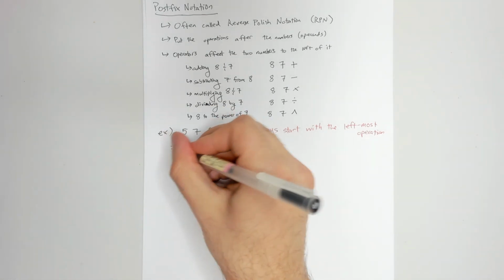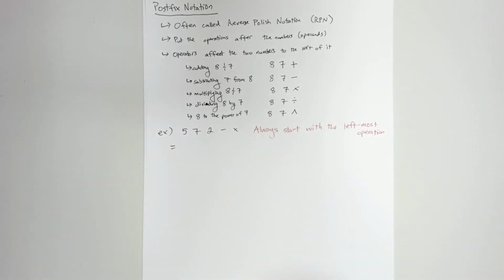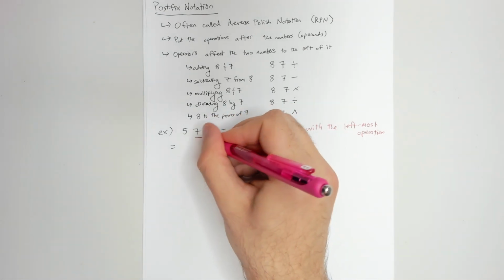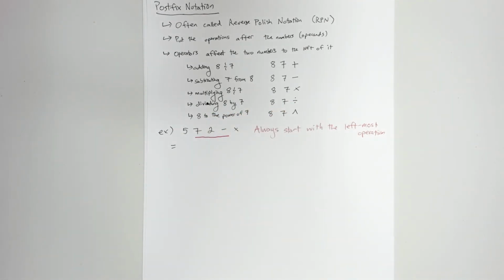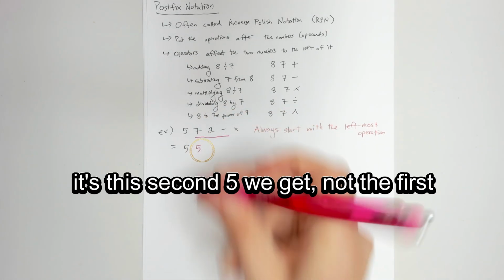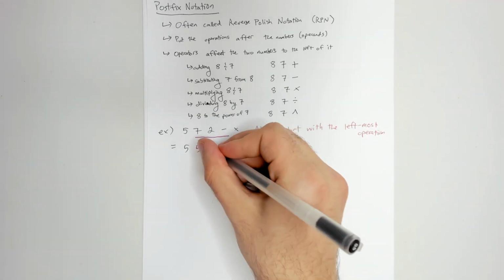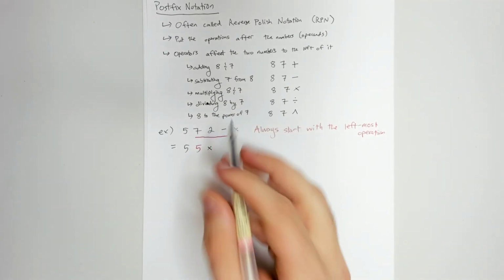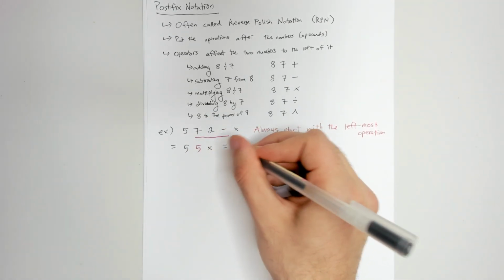So the leftmost operation is subtraction. We apply it to the two numbers to the left of it, that's this 7 and this 2. So we're doing 7 minus 2, which gives us 5. And what we're left with is just multiplying the 5 and the 5, which is 25.